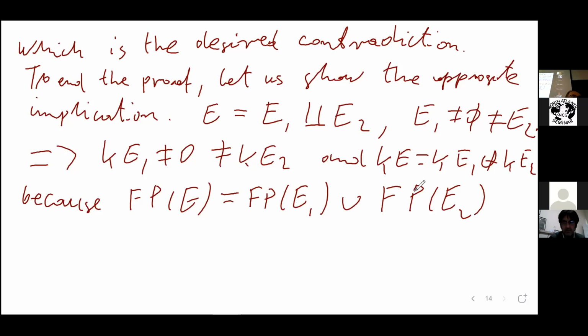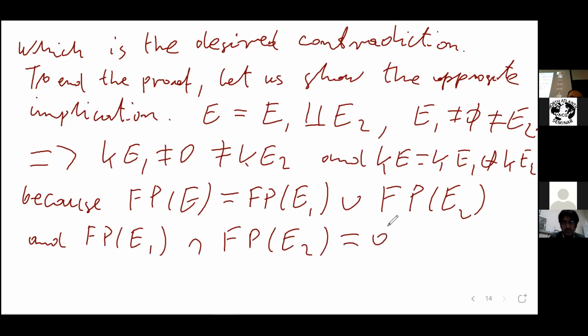And by construction, we have that FP(E1) intersects with FP(E2) to the empty set. You cannot have a path which is simultaneously in E1 and in E2 because they are disjoint subgraphs.